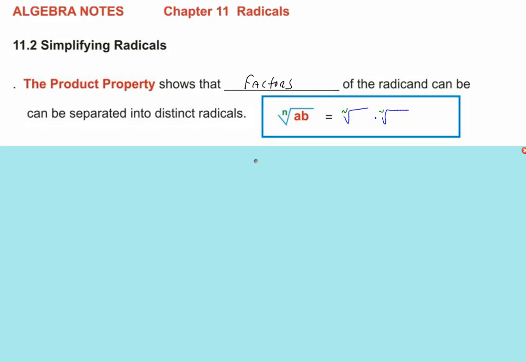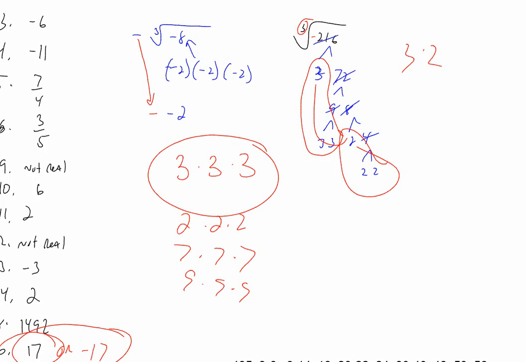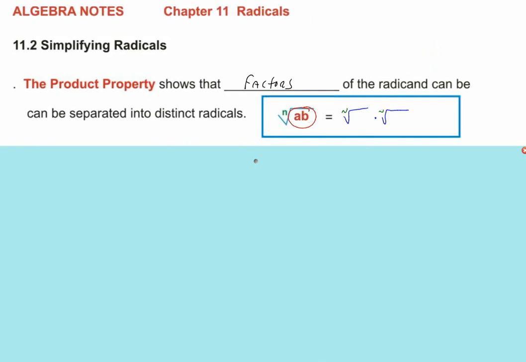If it's a 2, there wouldn't be anything in the index; they'd both be square roots. If it was a cube root, the index would be 3, and both would be 3. If it was a fifth root, the index would be 5, and both would be 5. And you can split up the product. We have an a times b, so you can split this thing up.